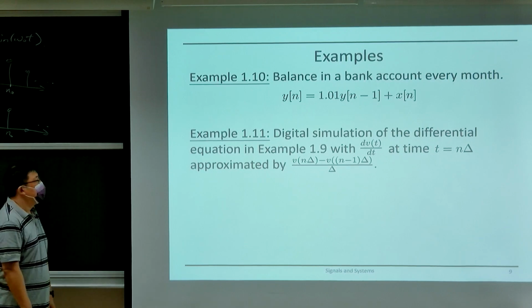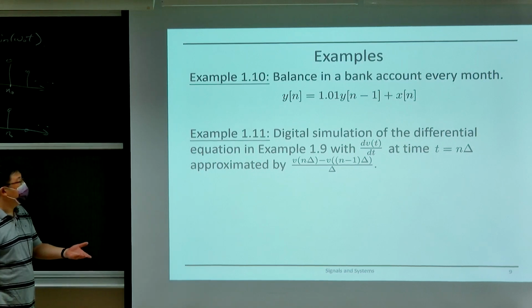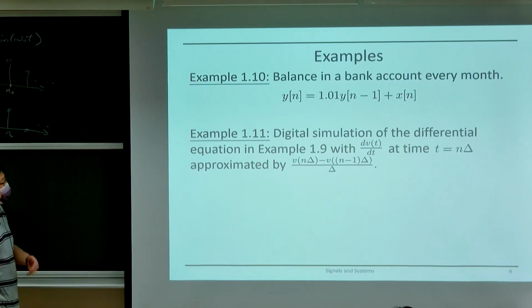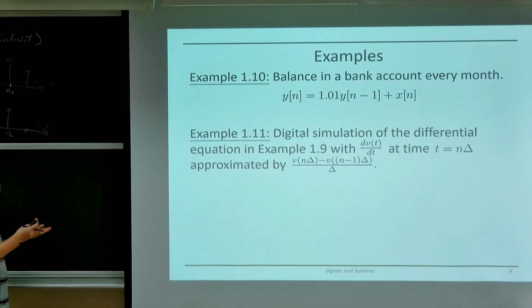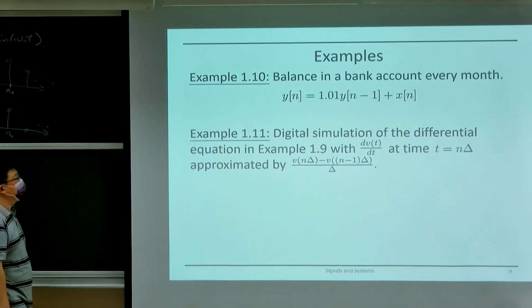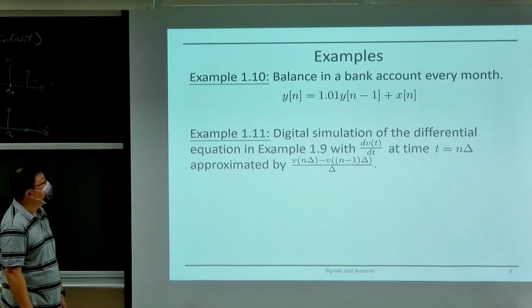Suppose that x n, the input, is how much money we put into our bank account every month, and y n is the balance remaining in our bank account at the nth month.